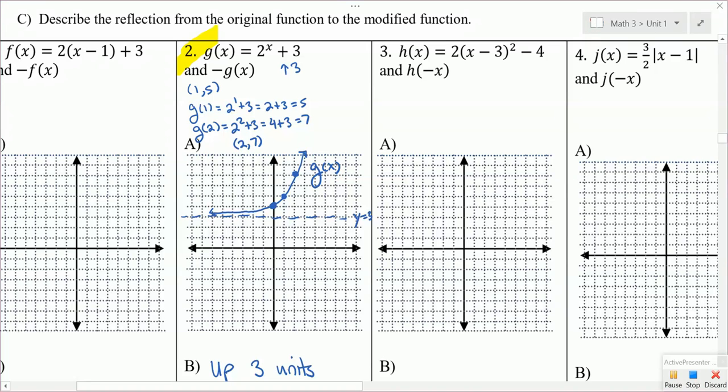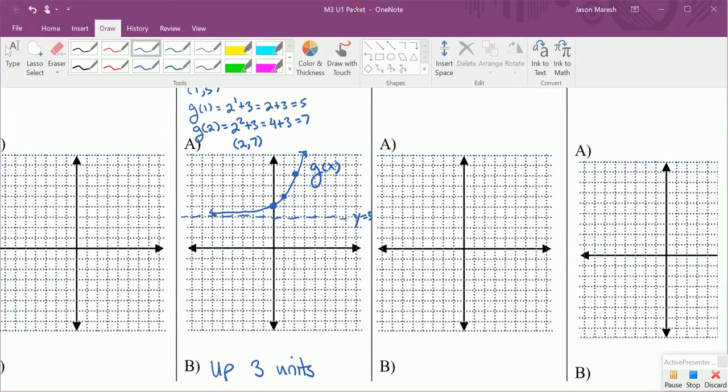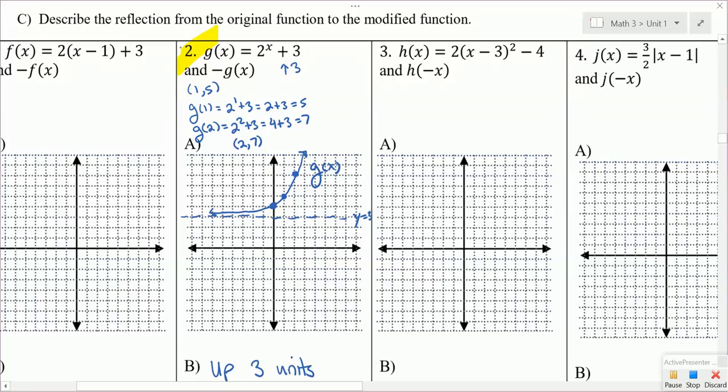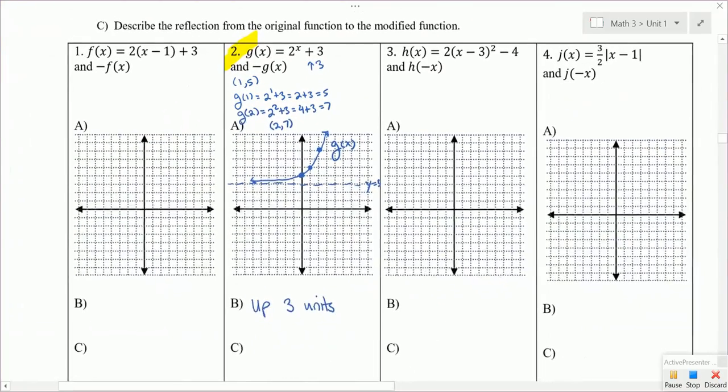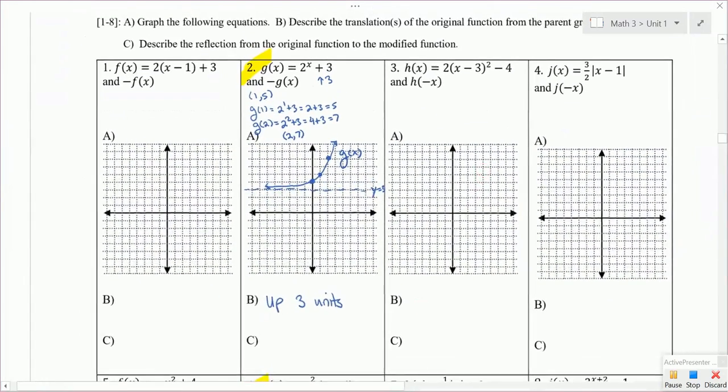We also want to graph negative g of x. So I'm going to switch colors here. And the transformation, negative g of x, is a reflection actually. It's a reflection over the x-axis.